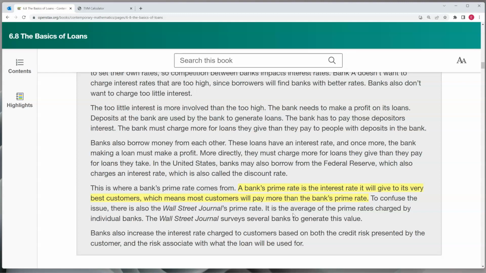Some of the highest interest rates that I have seen reported are on credit cards, and those were over 30%, 32.99%. If you're an Amazon shopper, Amazon has a credit card, and their interest rates start at 29% and can go up from there. Your lowest interest rates are going to come from your credit unions.